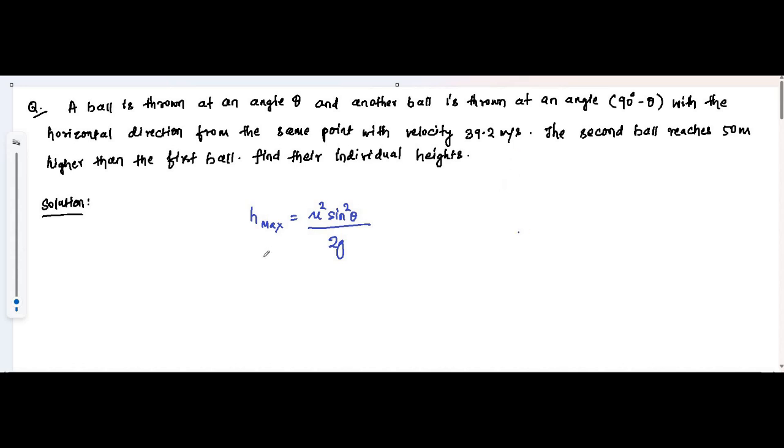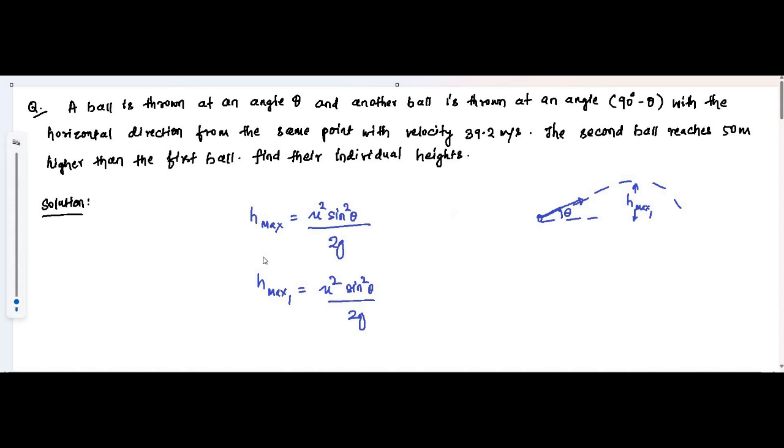So the first ball, let's say, is thrown at an angle theta. It achieves a certain height, H max 1. So H max 1 for the first ball is equal to simply u square sine square theta by 2g.